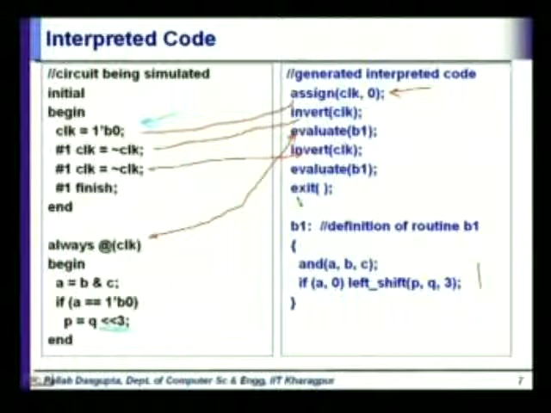What has the interpreted code done? It has somehow statically converted this interaction and produced a linear code. So all the events that took place here, like the change of the clock and the corresponding actions, have been inlined here.